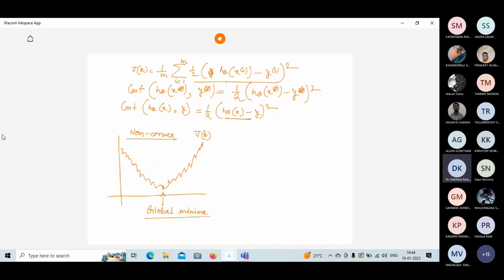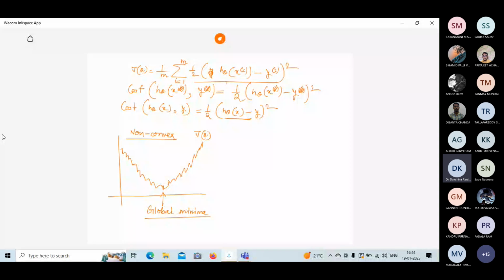due to the use of this cost function for logistic regression, we get this non-convex curve, and in this non-convex curve we can see there are many local minima.